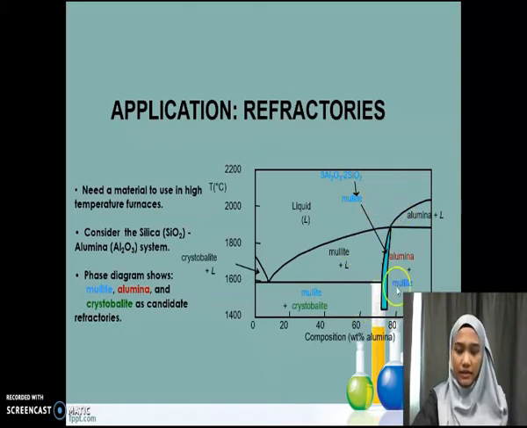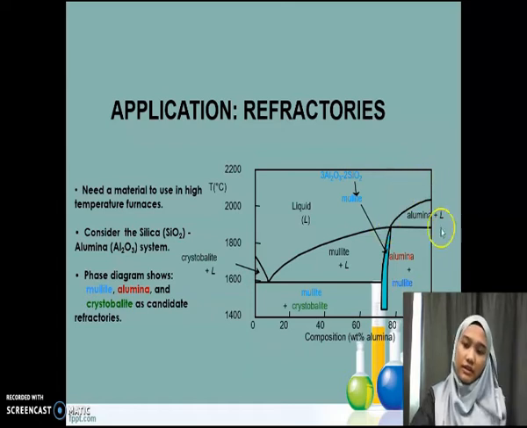The mullite can be formed, and this mullite will be used as the refractories. So other than that, they are not suitable enough to be used as the refractories, and also it is not solid enough and will mix with the liquid also.